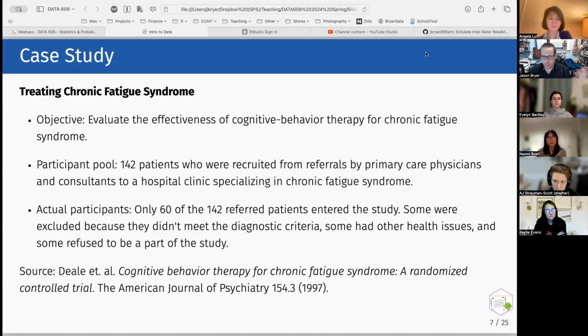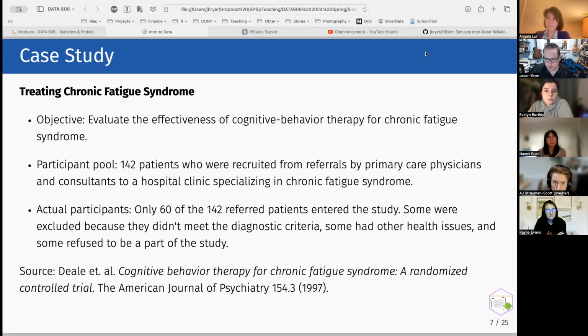In this study, 142 patients are recruited through referrals to primary physicians. So we say we're going to reach out to our local primary care physicians and say we're trying to do this study. We want to recruit people who have chronic fatigue syndrome to test this.